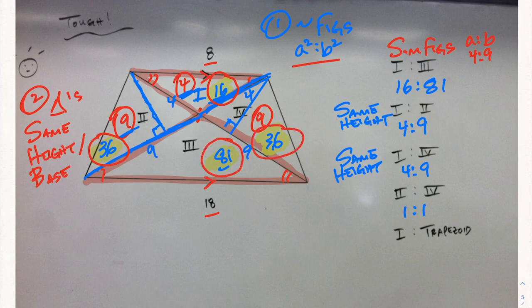I'm going to add all those up together, and I'm going to end up getting 169. That's what all the different triangle areas are going to end up with. We already know from the beginning that triangle 1 had a ratio of 16 here. So we're going to get that the ratio for 1 to the entire trapezoid is 16 to 169.